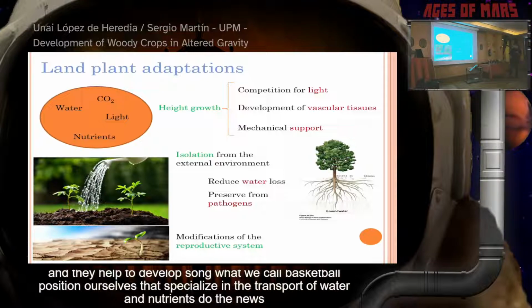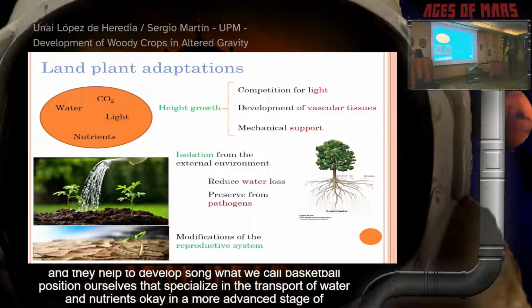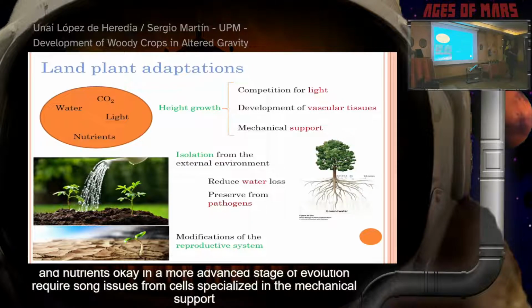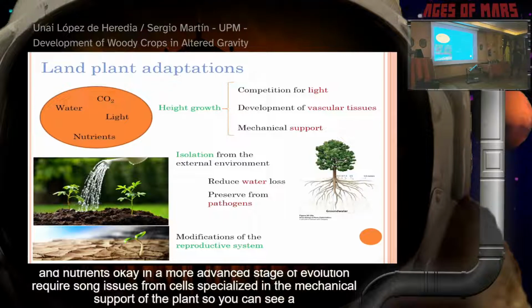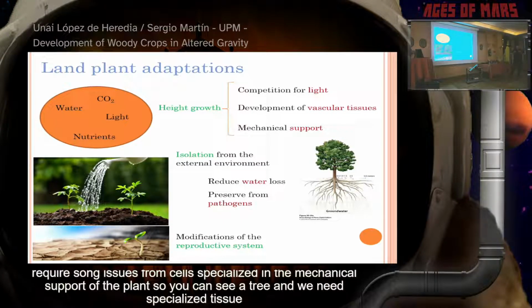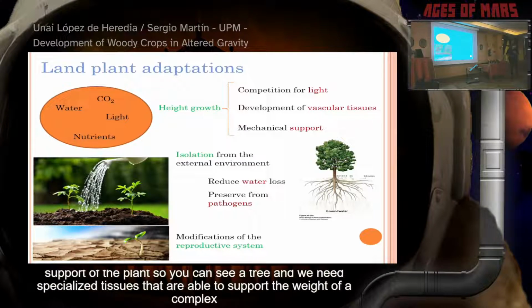Okay? This also, in a more advanced stage of evolution, required some tissues, some cells specialized in the mechanical support of the plant. So here you can see a tree, and we need very specialized tissues that are able to support the weight of a complex organism such as a tree. Okay?